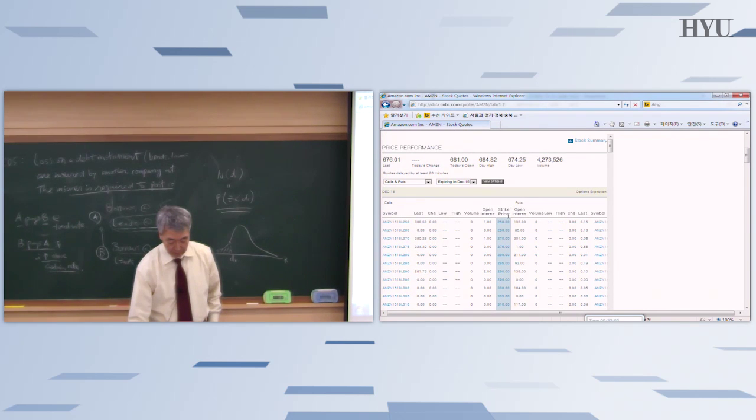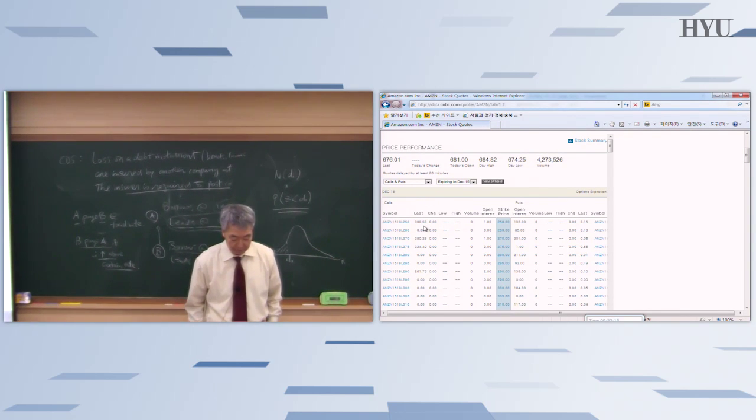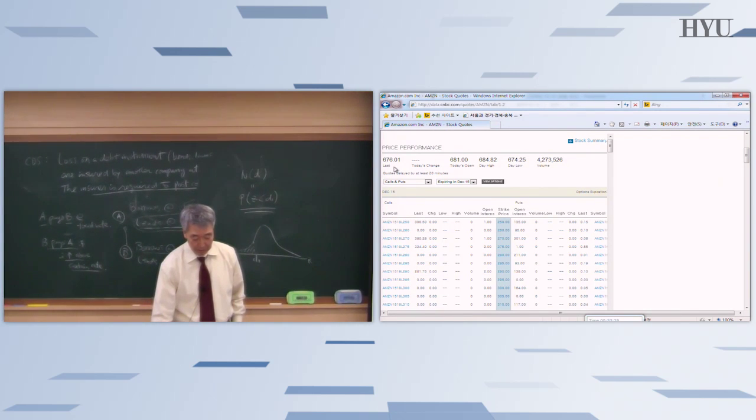Wow. And guess what the price is? The price is $300.50, right? Does it make sense? Right now, the stock is selling at $676, okay?